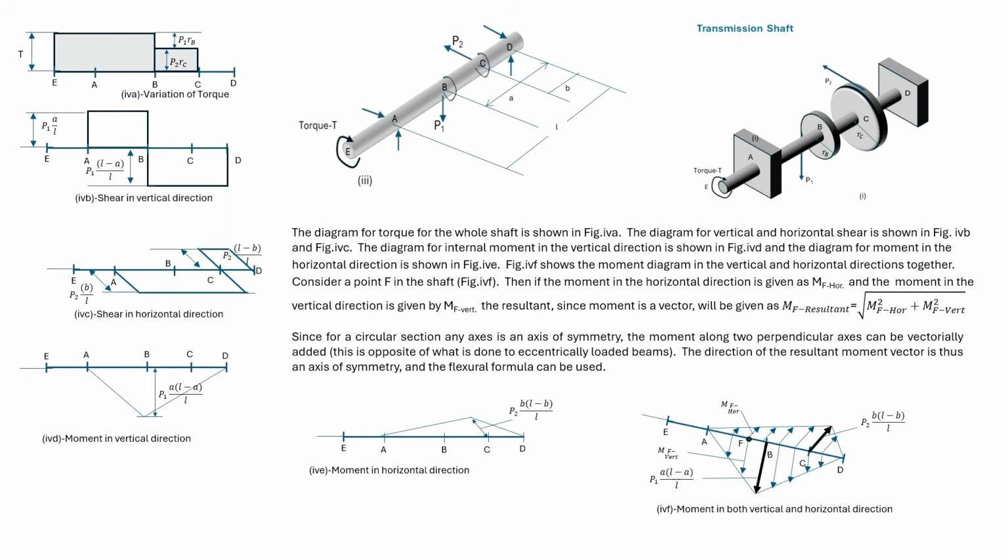However, with the circular section, we do the opposite. We find a resultant moment. This is because with the circular section, all axes passing through the center are axes of symmetry. So the flexural formula is applicable for any of these axes.